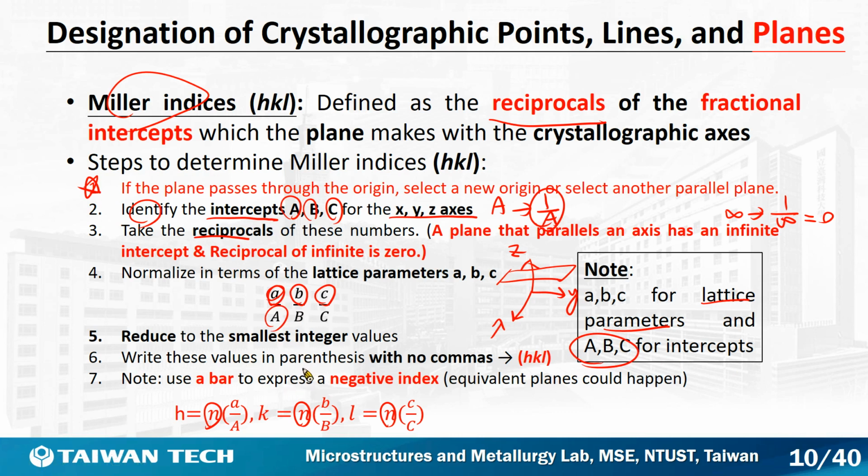We write it in parentheses with no commas, like this one. And also, again, a bar is used to express a negative index. For example, 1, 1, 1. If you want to have a negative 1, write the bar here. Okay?